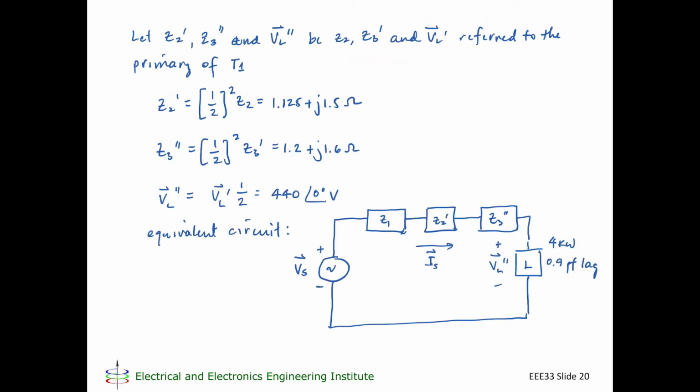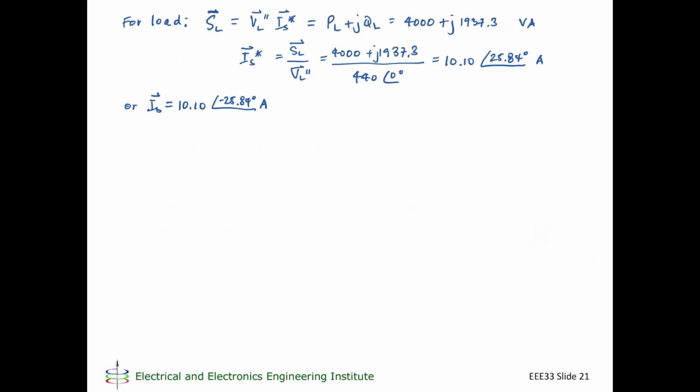My KVL now is going to be VS is the total drop across these impedances plus VL. So KVL: VS is equal to Is multiplied by Z1 plus Z2 prime plus Z3 double prime, plus VL double prime.